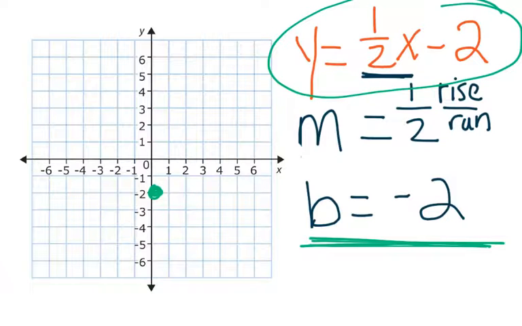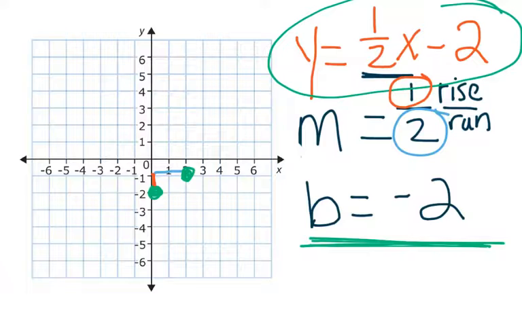Then your slope is positive, so that should tell you your line's going uphill. So my rise is 1, and my run is 2. So I'm going to rise 1, run 2. That's going to put my next dot right here.